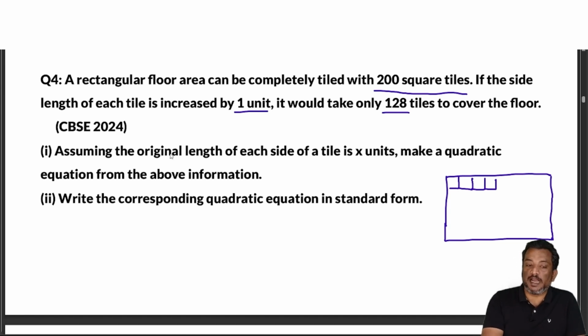So based on that, here it is saying assuming the original length of each tile is x unit, make a quadratic equation from the above information. That is the first one, you have to make a quadratic equation. Second one, it is saying write the corresponding quadratic equation in standard form, which means first you have to make the quadratic equation, second you have to write it in standard form, that is ax square plus bx plus c.